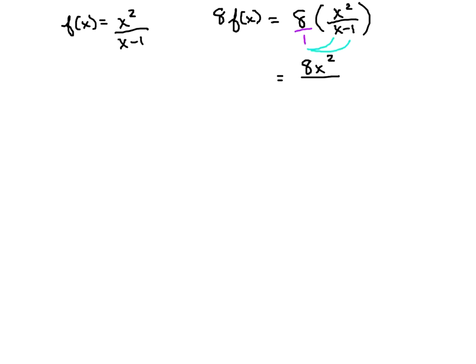But since it's a 1, it doesn't change anything. So we end up with x minus 1. So 8f of x is equal to 8x squared over x minus 1. Did that help, Lisa? Okay, Lisa says it helped.